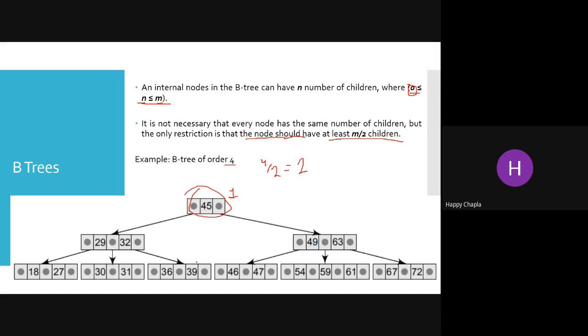Okay, is 4 okay? No. Why? Because maximum you can enter m minus 1 keys. So a node should have 2 or 3 key values.